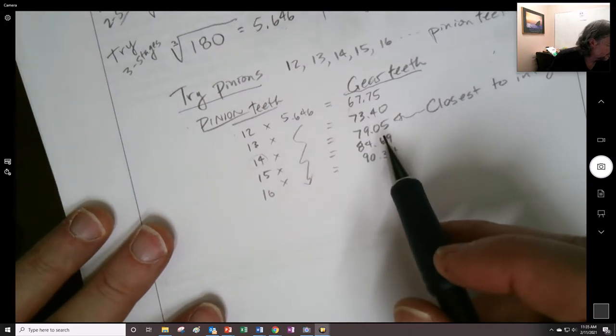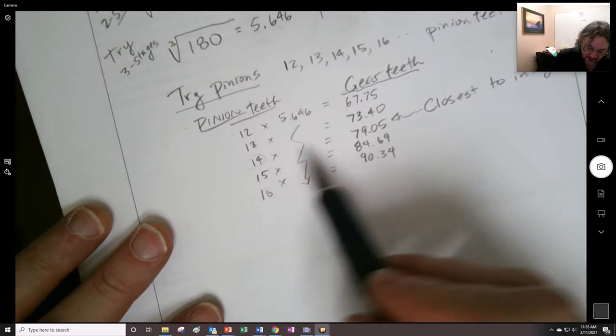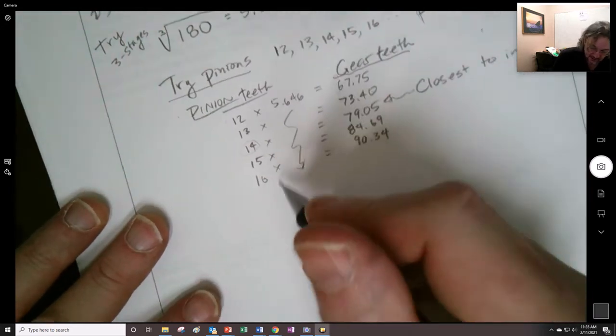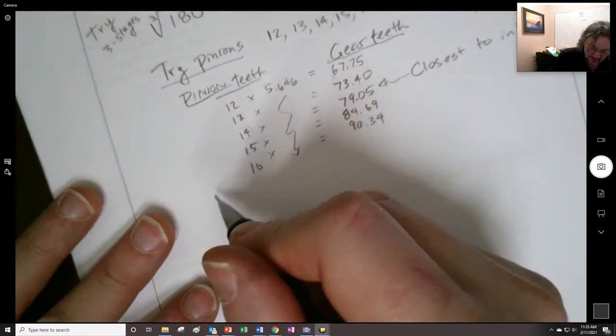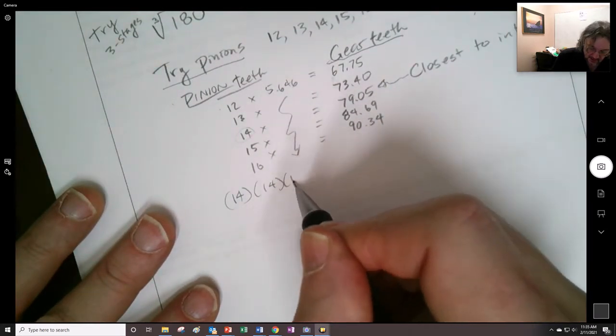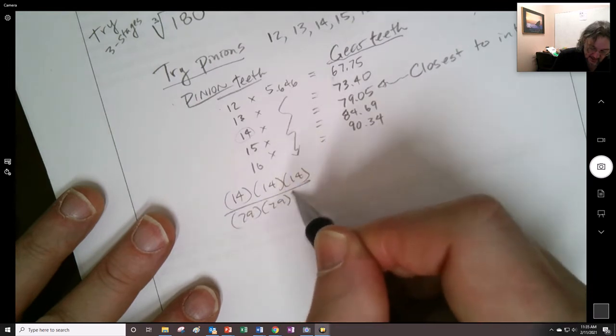If we did 3 stages that were 14 to 79, that would be the same as writing 14, 14, 14, 79, 79, 79.